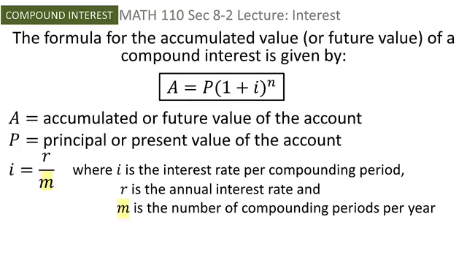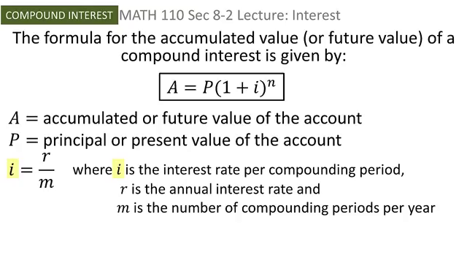So m is how many times per year the interest is paid back into the account. Little r is the annual interest rate, same thing as when dealing with simple interest. And little i is the quantity you get by taking little r and dividing by little m.